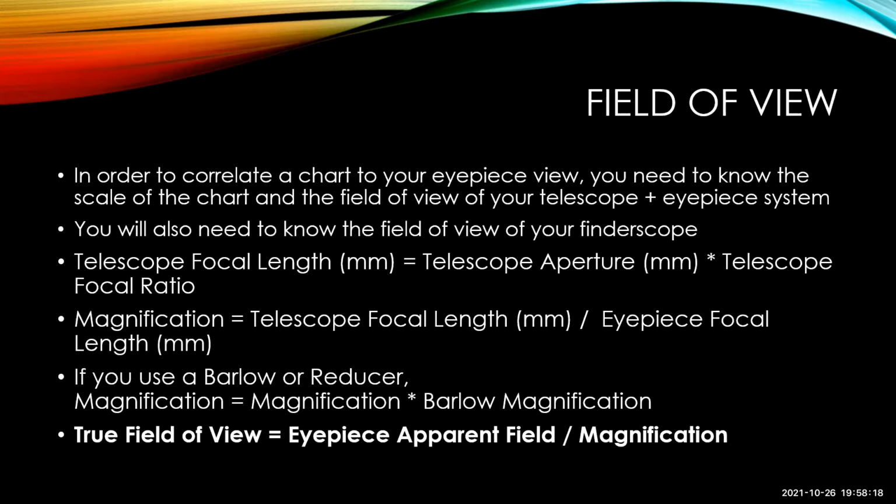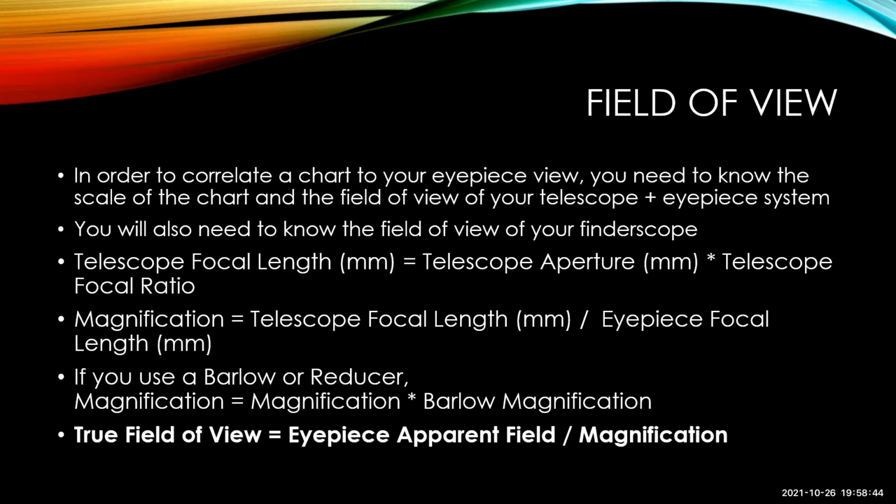Now, the next thing you probably need to know, and hopefully you do know this with your telescopes, is the magnification produced by a telescope and eyepiece combination. It's the telescope focal length divided by the eyepiece focal length. And let's go back to physics class in high school. We have to use the same units of measure.